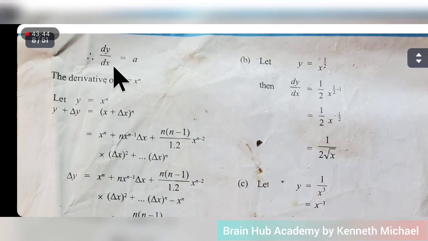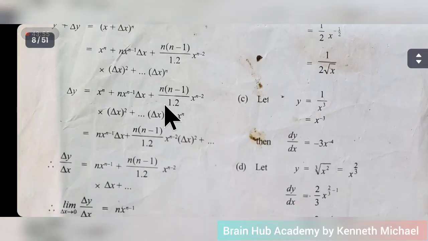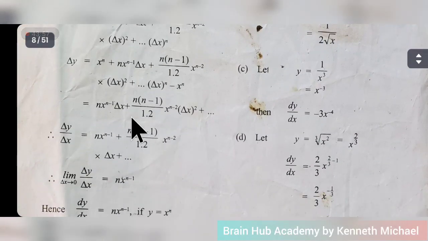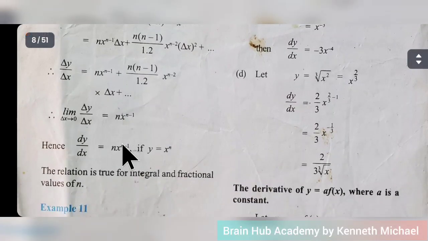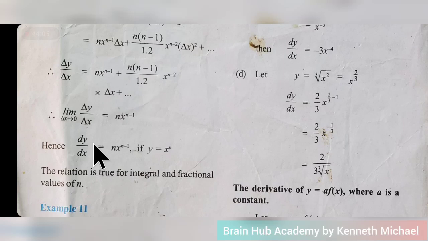So therefore dy ds is equal to a. So now the derivative of y equals s raised to the power n. If you find this derivative, I don't want to bore you with this explanation. All of it is taking us to a particular formula that we can use to find the derivative. So you discover that your dy ds will be n s raised to the power n minus 1 if y is equal to s raised to the power n.